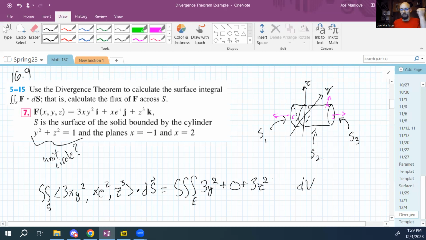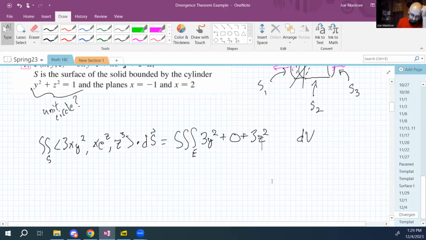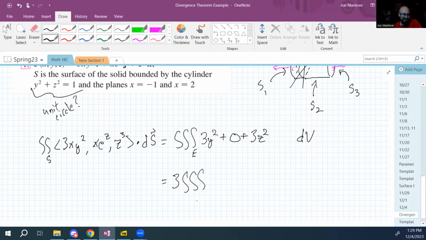Oh, well, that's convenient. Let's see. So I guess I can rewrite that as 3 times the triple integral. I'm going to need to convert here to, well, it's a cylinder, right? So you probably got to convert to cylindrical. Okay, so let's convert to cylindrical.